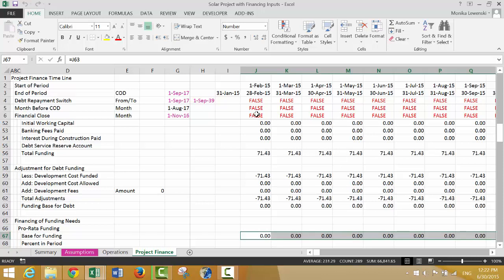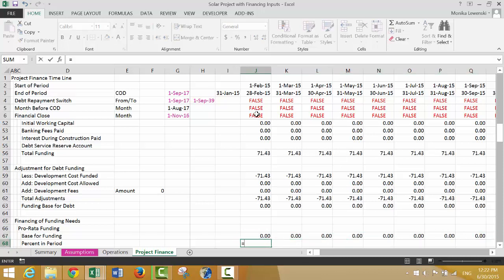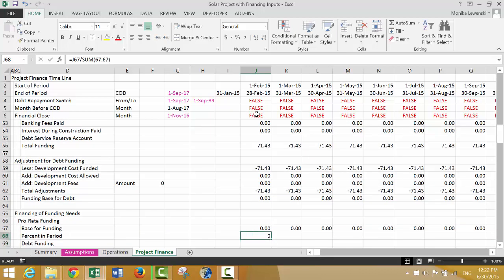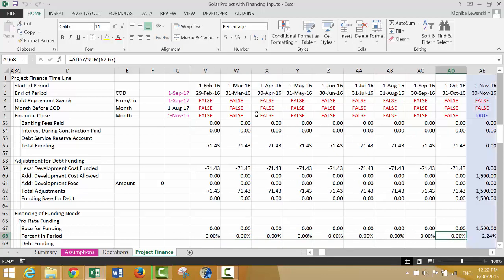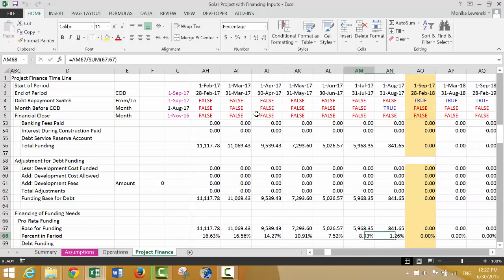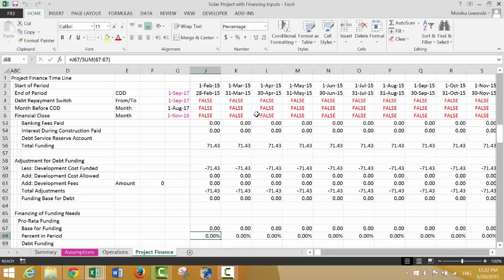Shift Control R, and then we can put the percentage in the period as this divided by the sum of the whole line. Shift Spacebar, sorry about that, and then this is the percentage we spend in the various periods.